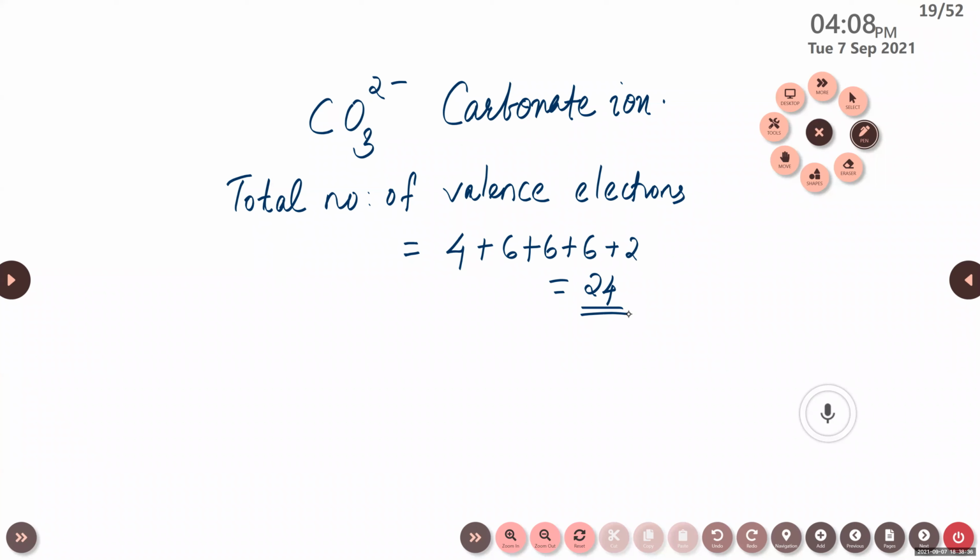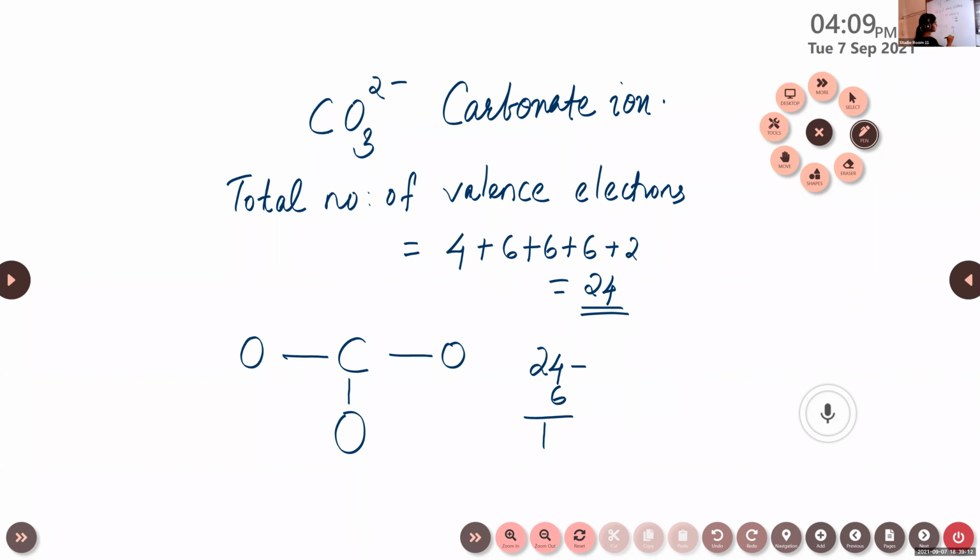And how can we draw the skeletal structure? Carbon at the center, then 3 oxygen atoms surrounded by this carbon, right? Then in the third step, we will draw the single bonds between these 3 oxygen atoms with carbon. So already 6 electrons are shared. So 24 minus 6, that is 18 electrons remaining.